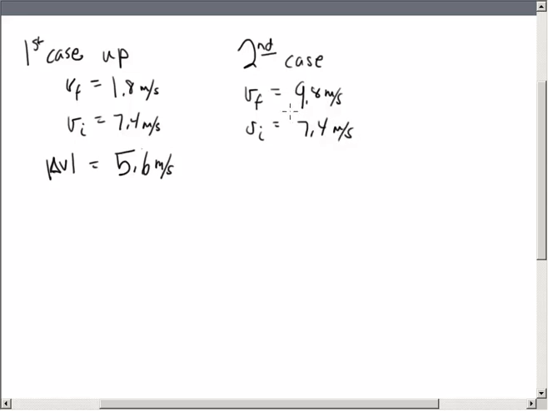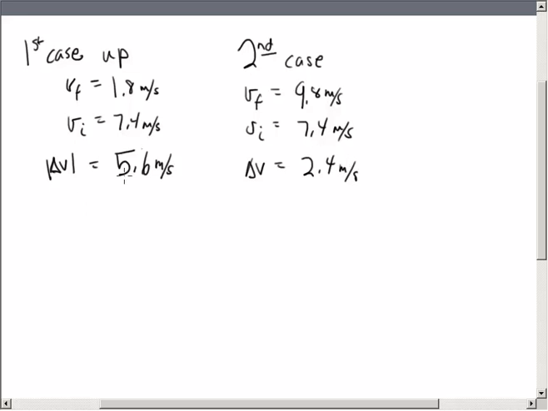Both these in the negative direction, but we're only interested in magnitude. So my change in velocity will be equal to 2.4 meters per second. So the change in velocity in the second case, where the object is thrown down, is less than the change in the first case where the object is thrown up.